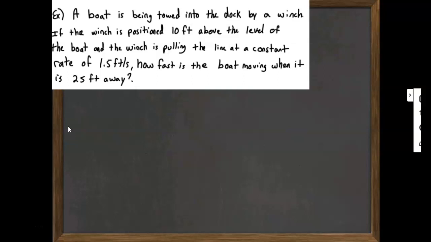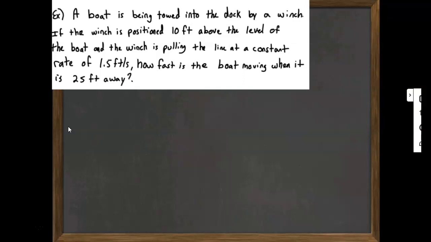Okay, so let's take a look here at one more example with related rates. This time we're told that a boat is being towed into the dock by a winch. The winch is positioned 10 feet above the level of the boat, and we know that the winch is winding in the line that's connected to the boat at a constant rate of 1.5 feet per second.